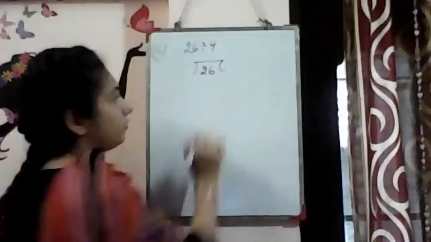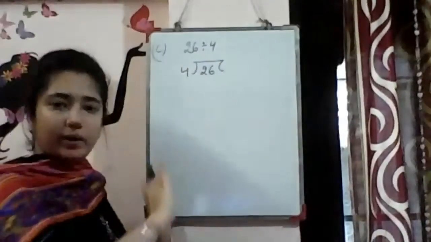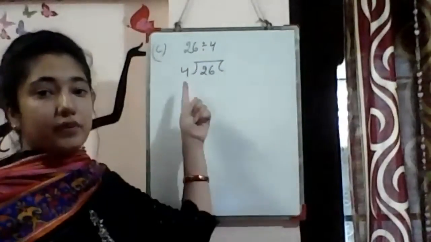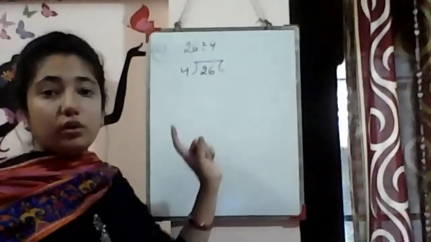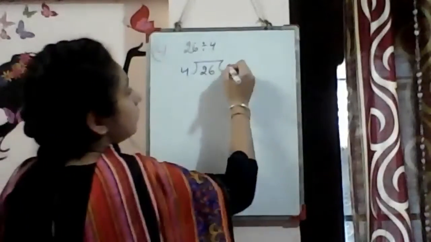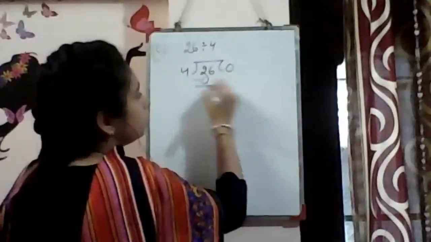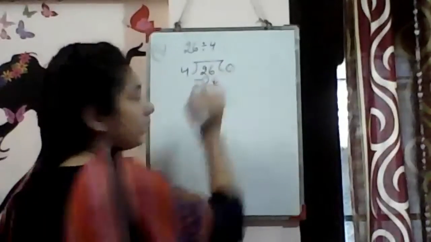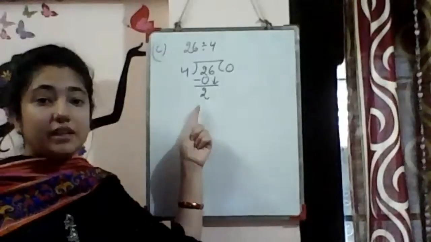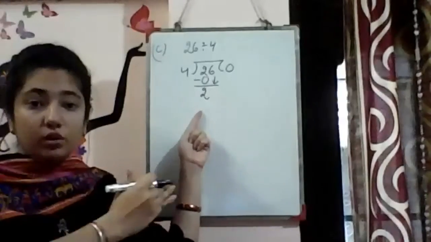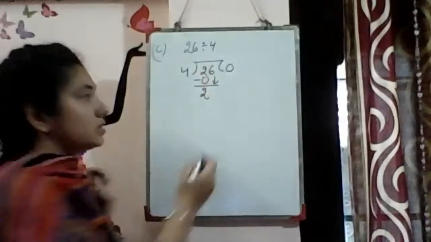26 divided by 4. And we have to divide 26 by 4. Okay. So, the first number here is 2. And 2 is smaller than 4. Now, what do we need here? 4 zeros are 0. And 2 minus 0 is 2. Okay. Now, we need the second digit because we cannot solve this division with just 2. So, we are going to put down 6.